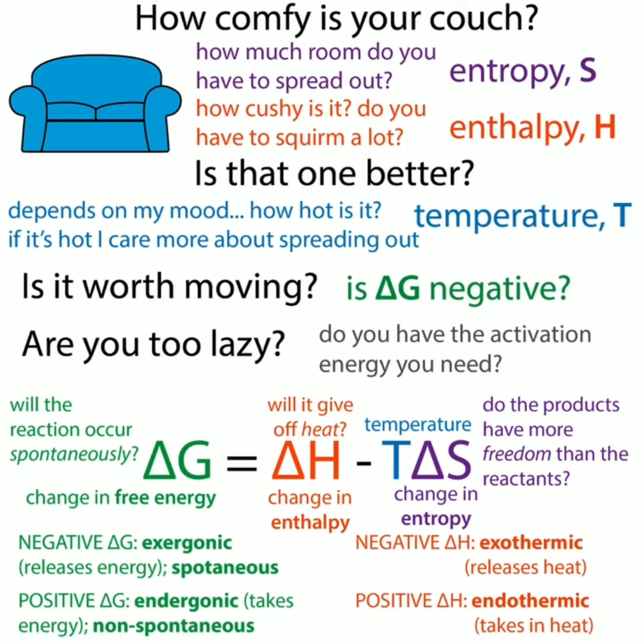And then delta S is the change in the entropy. So do the products have more freedom than the reactants? And here we're subtracting, so to make the number smaller, we want delta S to be highly positive. So we want more freedom for them to be happier. You're happier if you have more stable bonds and more freedom.